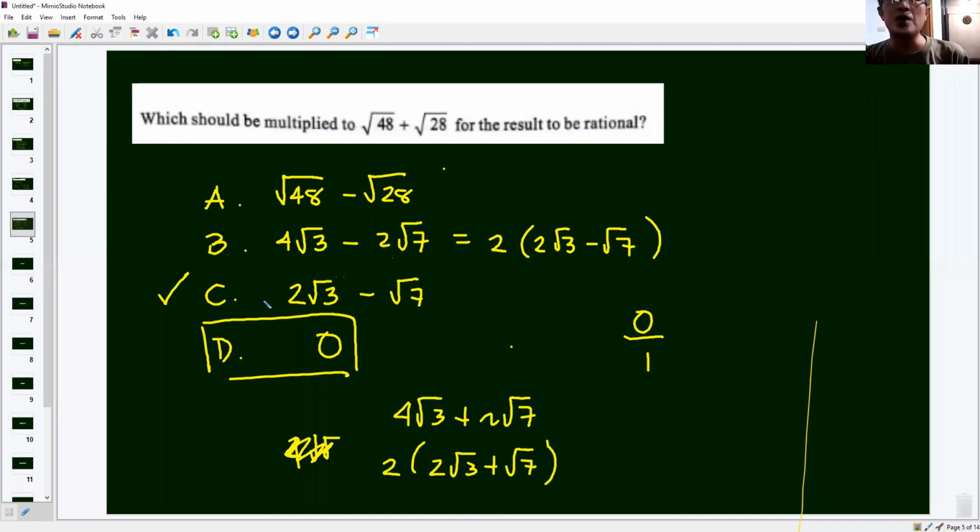So when you multiply letter C to this, it's enough to rationalize the radical. So ito, magiging rational number na to. Conjugates eh. Because this is already a rational number. You get me, guys? It's letter C than letter B. Obviously, than letter A because A is not yet simplified. Okay ba yan?